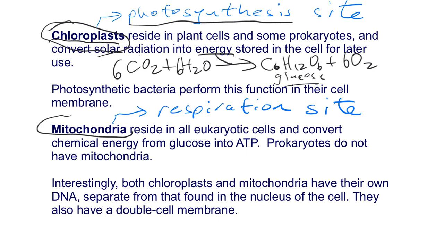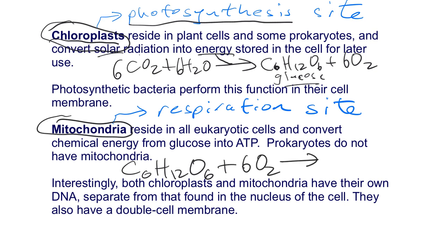The other energy organelle that all eukaryotes have is the mitochondria. Okay, it does the opposite. It takes the glucose that the plant made, we ate, and combines oxygen with it.